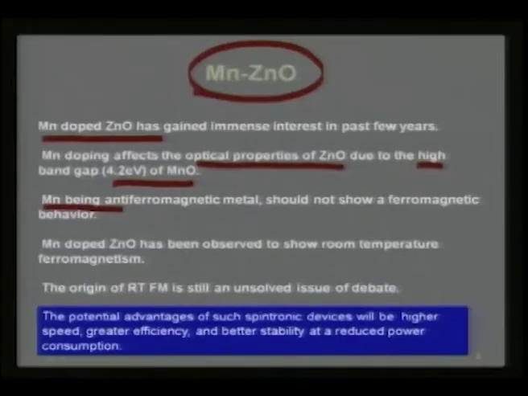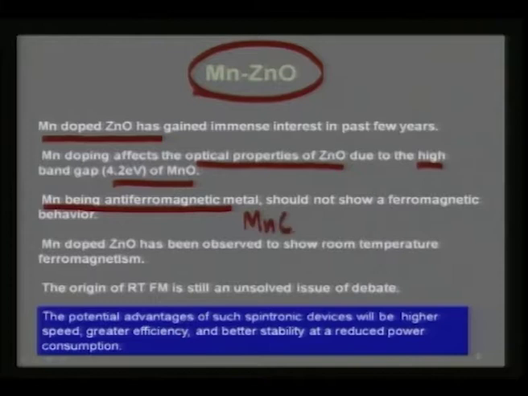Manganese, also being an antiferromagnetic metal, the doping of MnO in the zinc oxide lattice should not necessarily show a ferromagnetic property, it should not show. So, it makes the case much more interesting for us to understand where the magnetism is coming from.